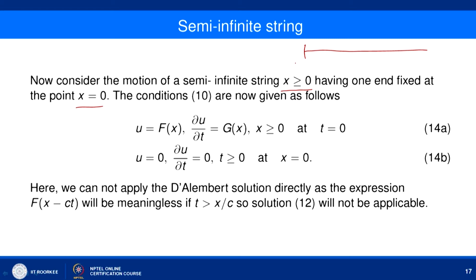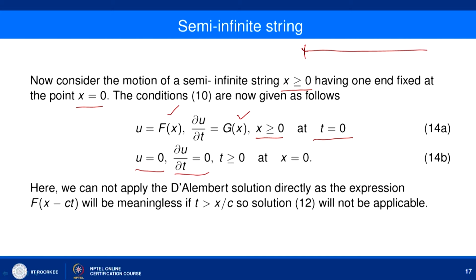Now, the initial and boundary conditions are given like this: the initial shape is given as u equal to f of x, and the initial velocity ∂u/∂t is given as g of x, for x greater than or equal to 0 at t equal to 0. Since one end is fixed at x equal to 0, we also introduce a boundary condition: at x equal to 0, u is equal to 0 and ∂u/∂t is also 0.